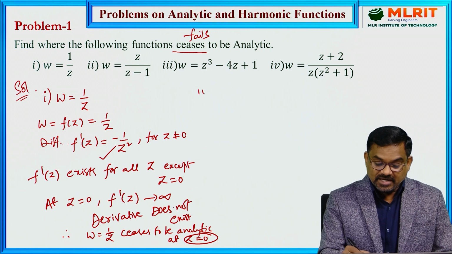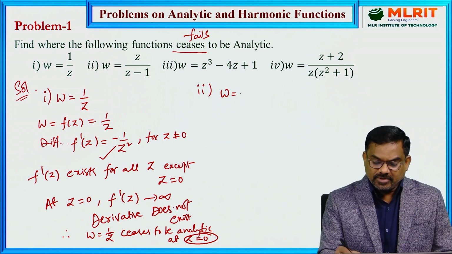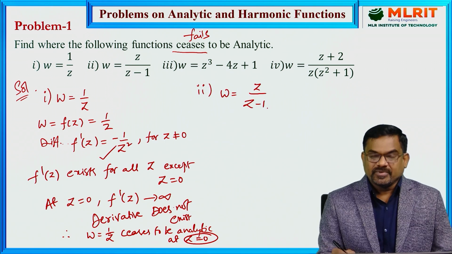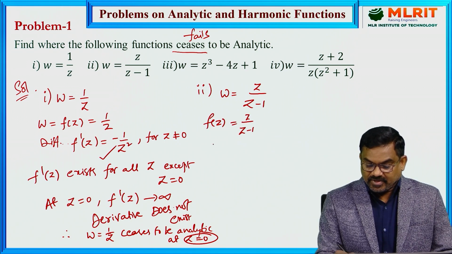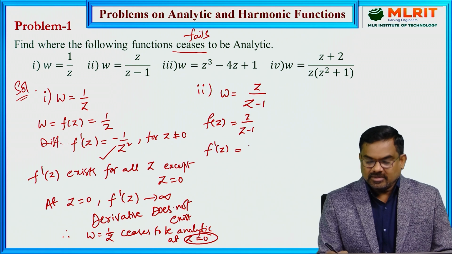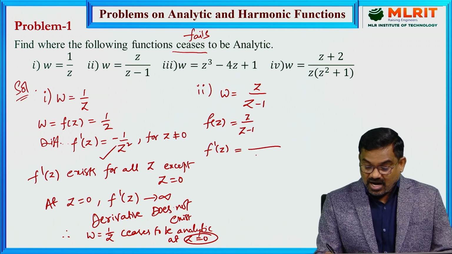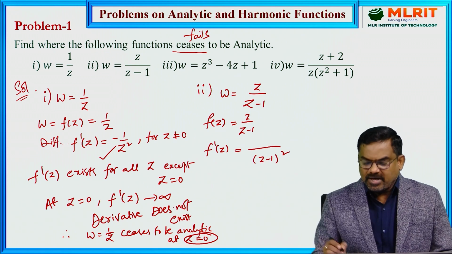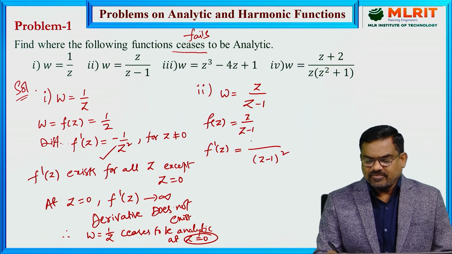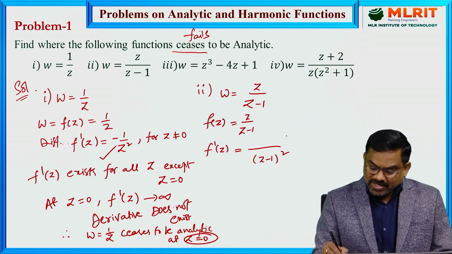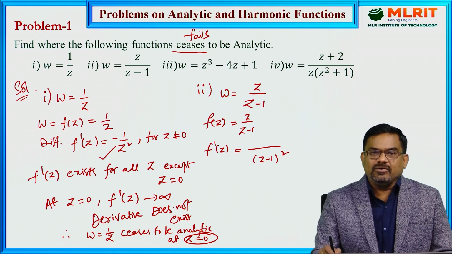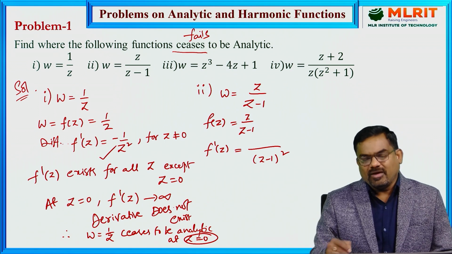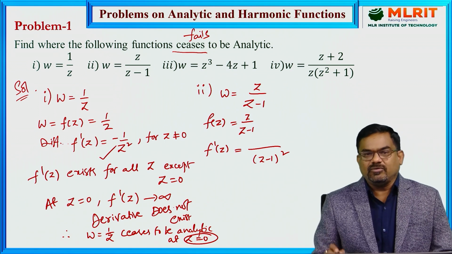Similarly, second one. Here w equal to z by z minus 1. So here f of z is z by z minus 1. If you differentiate this, we need to apply the u by v rule, and in the denominator we get z minus 1 whole square. Again in the denominator we have z minus 1, and this is valid for all values of z except z equal to 1.